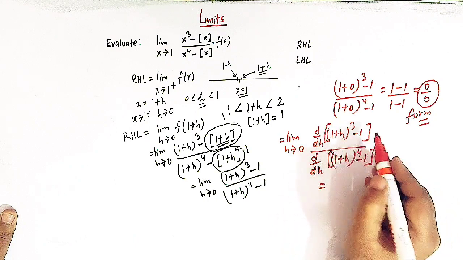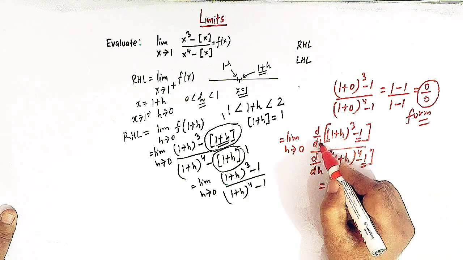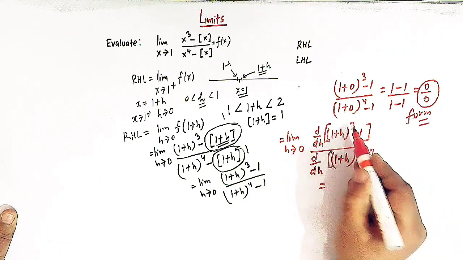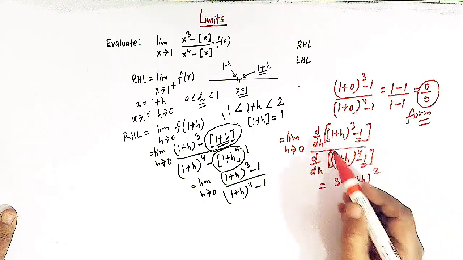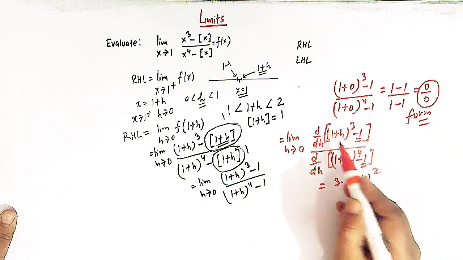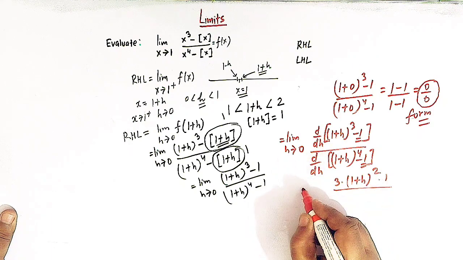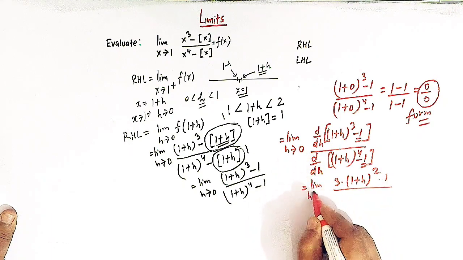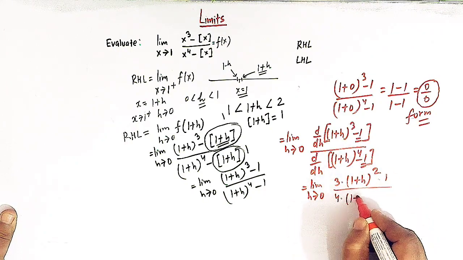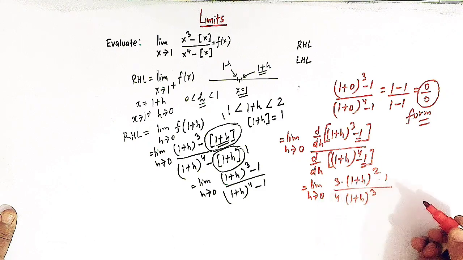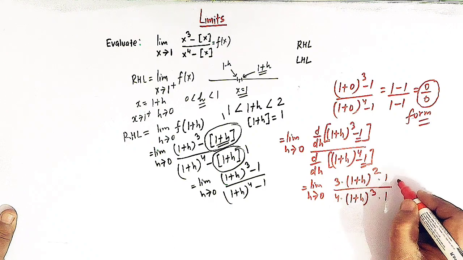Okay, so now the derivative of 1 is 0, and here also the derivative of 1 is 0. So the derivative of (1 plus h) cube is given by 3 times (1 plus h) square, and by chain rule the derivative of 1 plus h is simply 1. And here we have the limit notation, and the derivative of (1 plus h) raised to 4 is 4 times (1 plus h) cube, and here by chain rule the derivative of 1 plus h is 1, right?